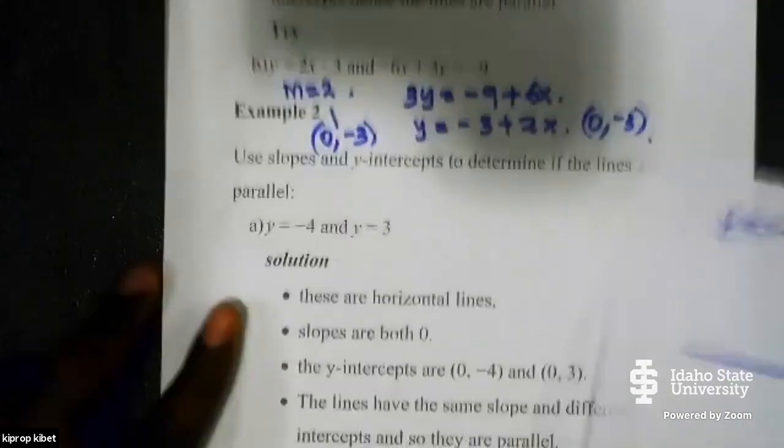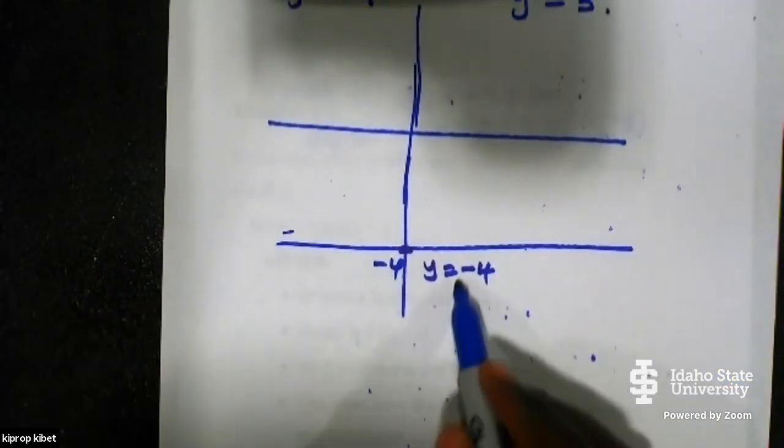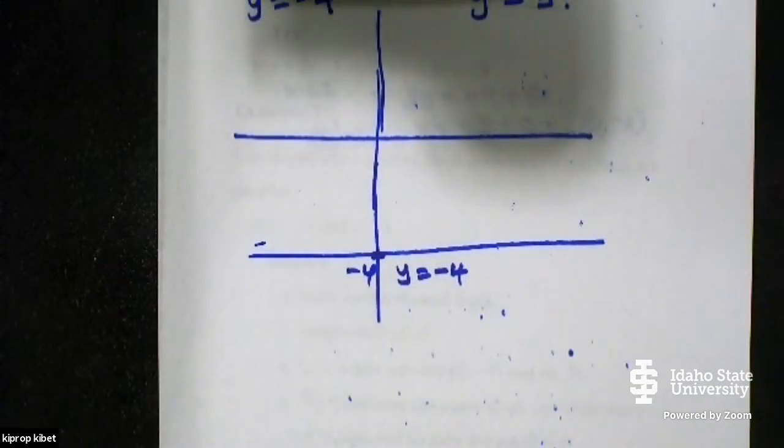So it is a horizontal line, and in this case, if it is a horizontal line, the slope is what? 0. So the slope is 0. Therefore, the y-intercept is what? -4 right there. So x is 0 here, then the y-intercept is -4.